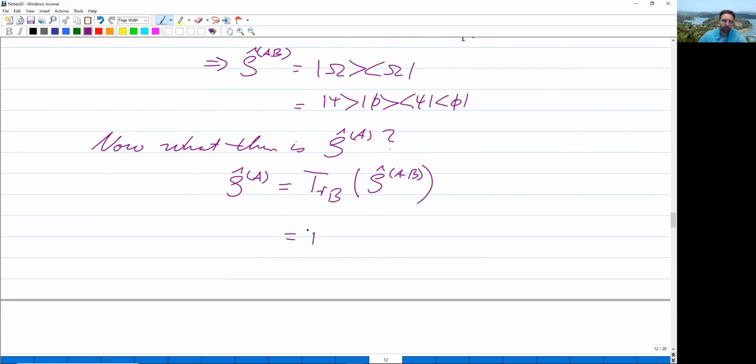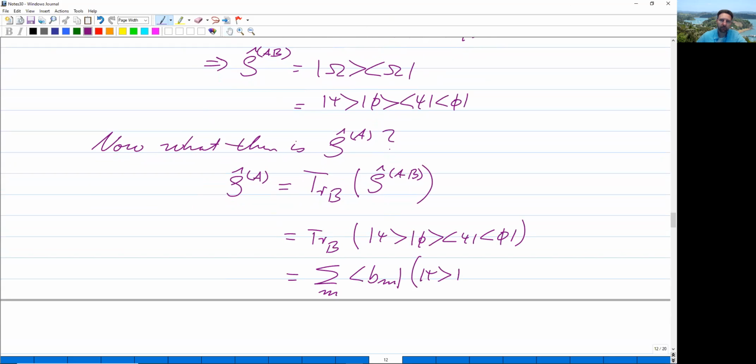It is the trace over subsystem B of psi phi psi phi. This is the sum over all m, and then we have here the bm, and then we have psi, phi, psi, phi, and then the bm, right? We're forming the trace over just the second Hilbert space, only with the bm.